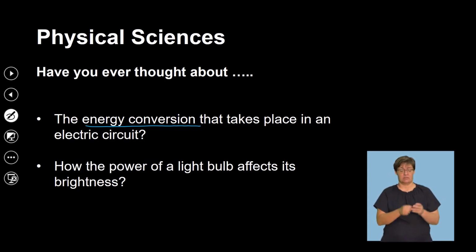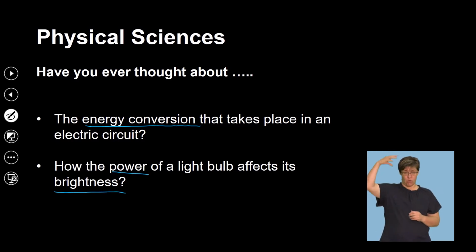And then secondly, how the power of a light bulb affects its brightness. So we're talking about power and brightness. Now, brightness is a qualitative dimension, because we can say it's dim or it's bright, but we can quantify power in terms of how big or small the power of an electrical device is.